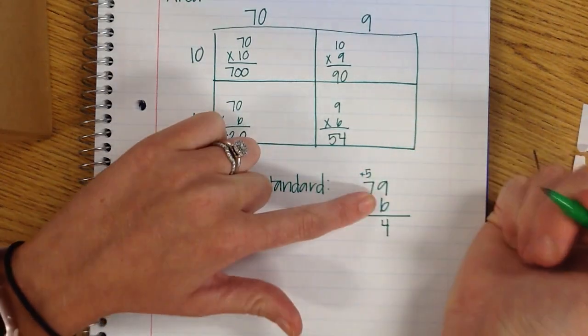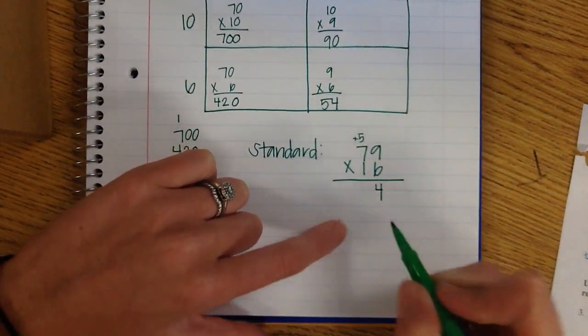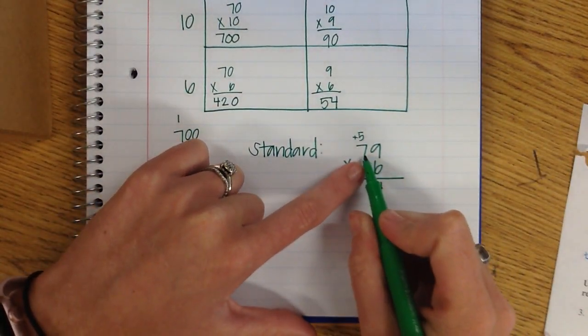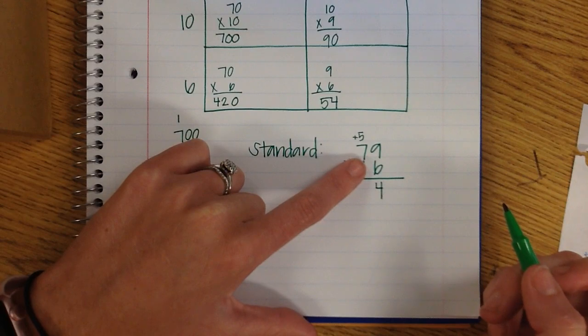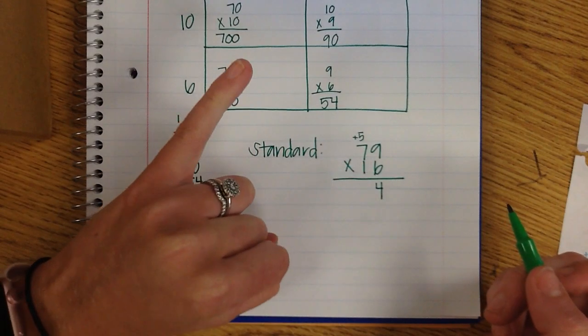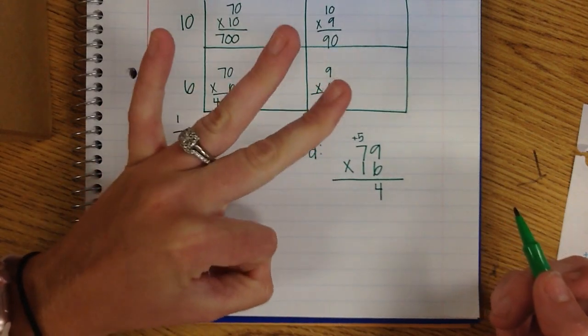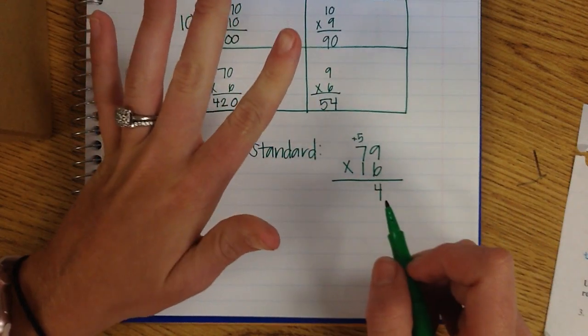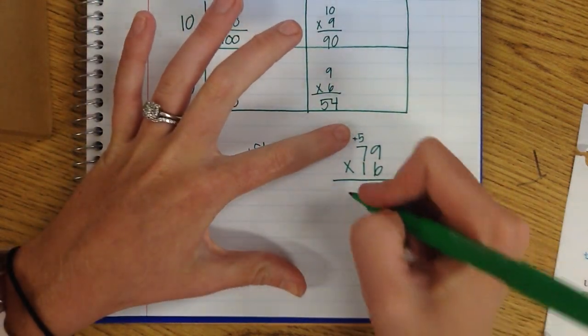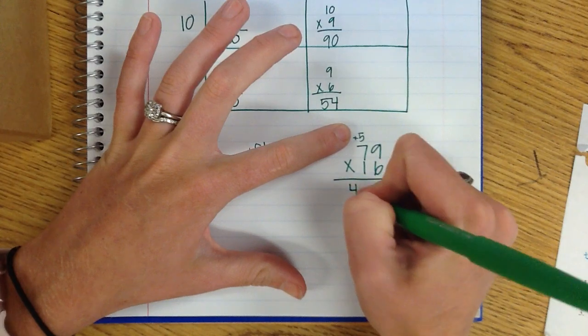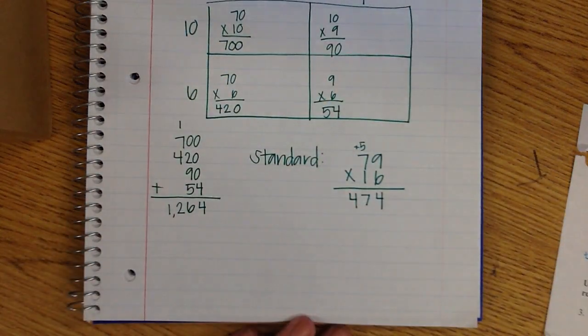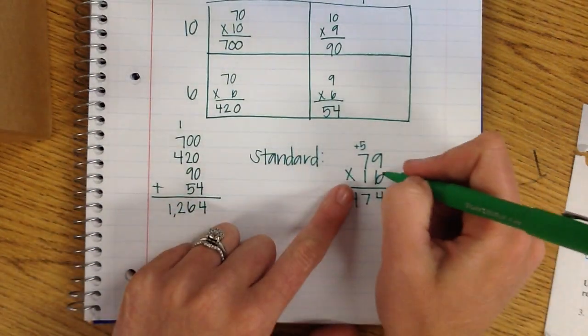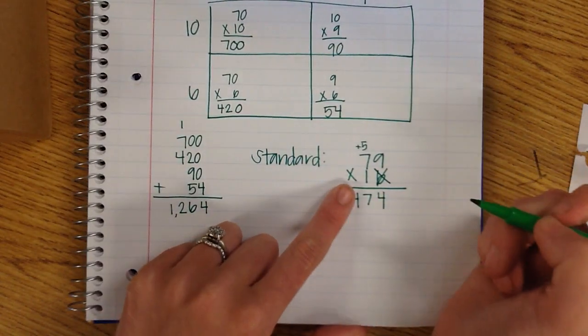Put a little plus so I remember to add it. Then 6 times 7, that equals 42. Remember I have to add that plus 5. So I'm going to put 47 there. Okay, if you want, you can put an X right there because I'm done with that number.